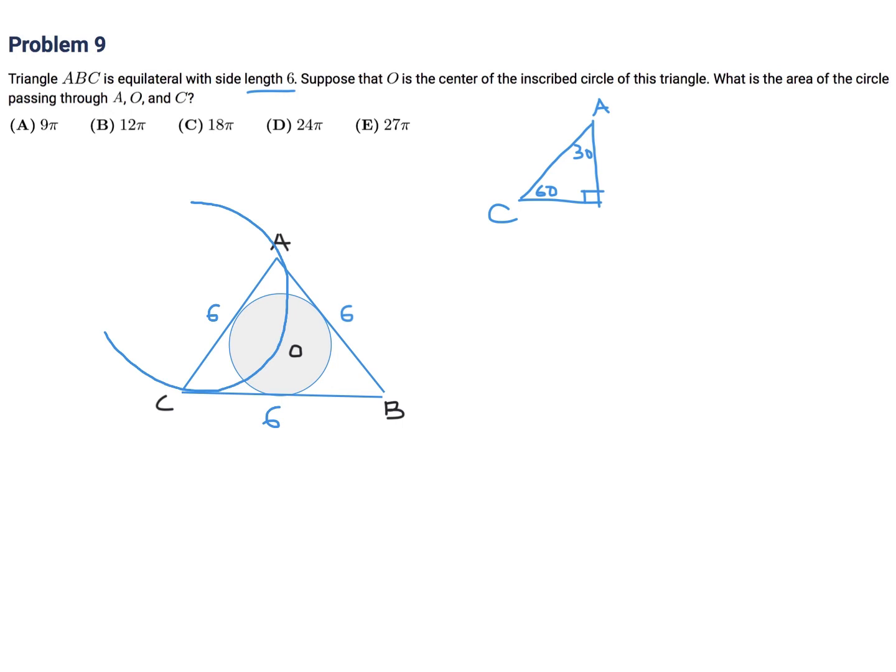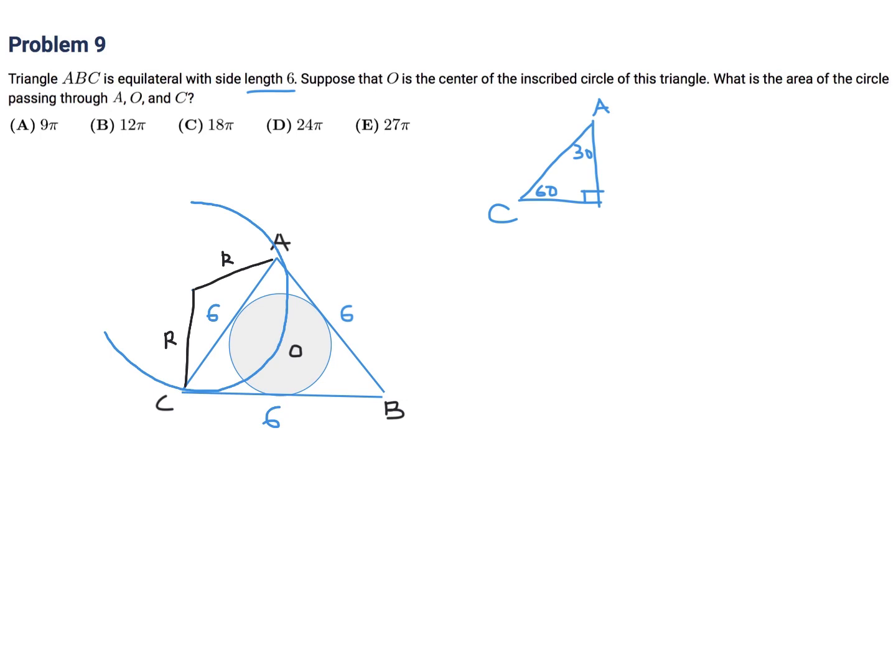I think it will be beneficial if we try to put a radius on that triangle. And because the question tells me that the circle passes through A and C, we can actually connect the center to A and C like that, and those will represent the radius of that larger circle.